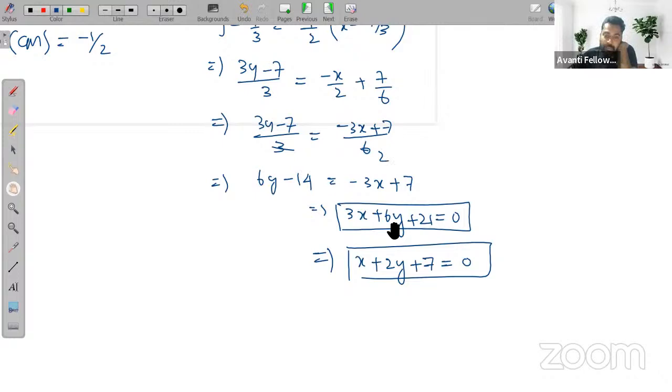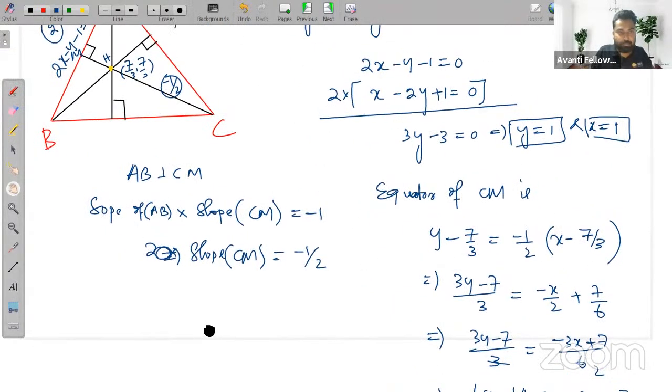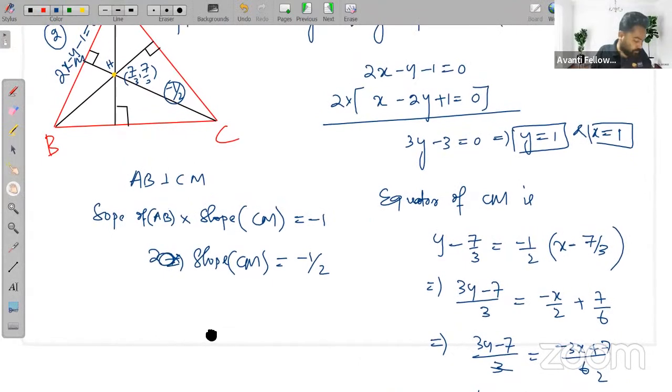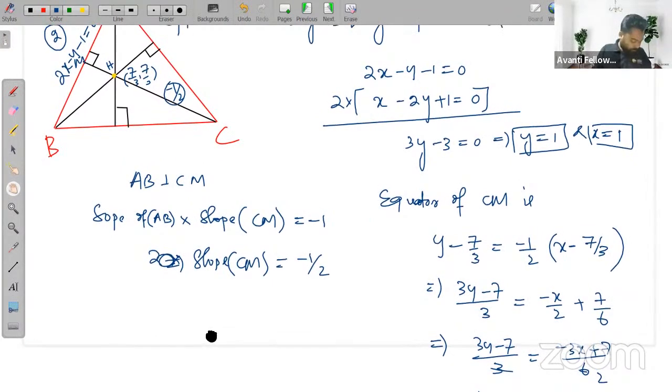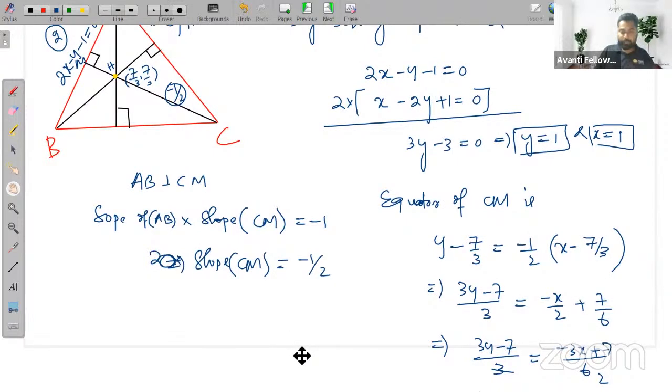So 3x plus 6y plus 14. Somewhere we are making a mistake. Okay, let's check again. Just a minute.